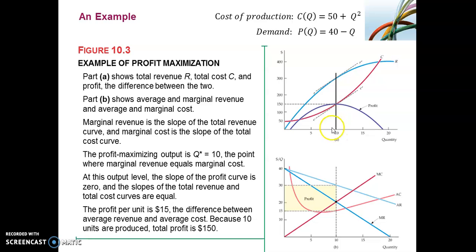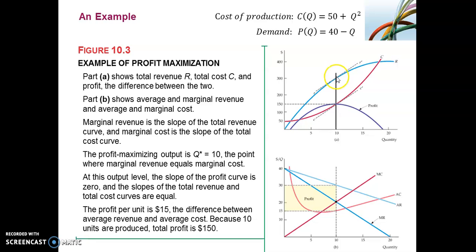Now, if you look at the output at that point, of course, both algebraically and graphically, we can see that this is the output that maximizes profit. But if you have a look at your revenue curve, if you draw a line tangent to the curve at that point, and if you draw a line tangent to your cost curve at that point, note that the slope of this line is equal to the slope of this line, because these two lines are parallel to each other, so the slopes are the same.